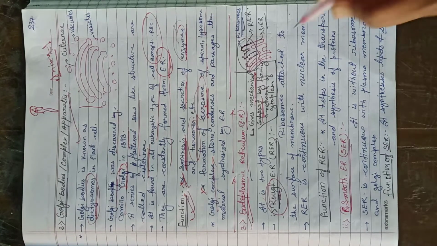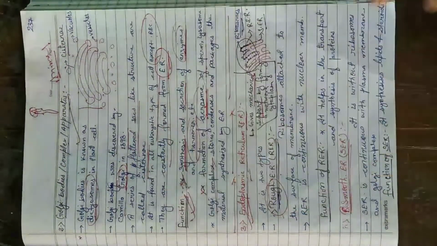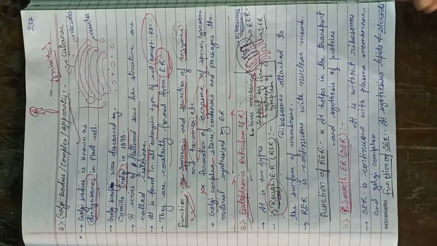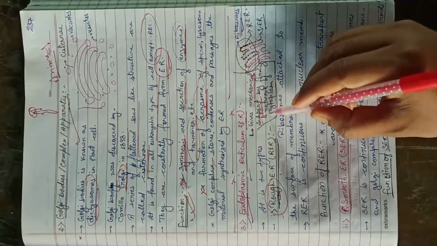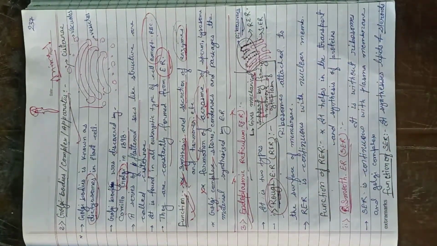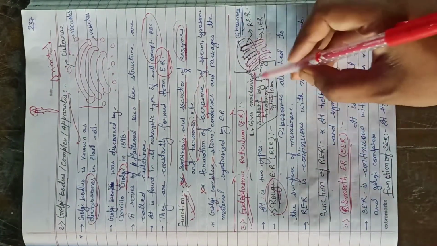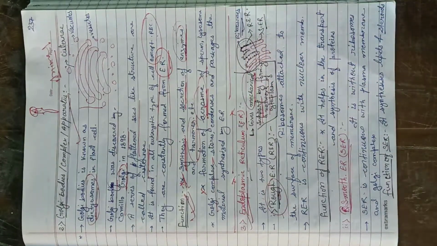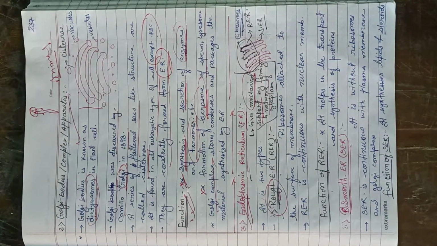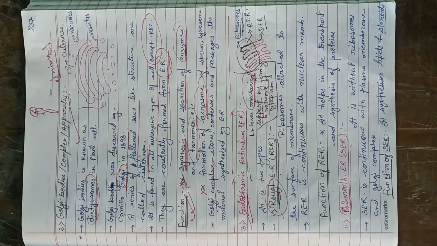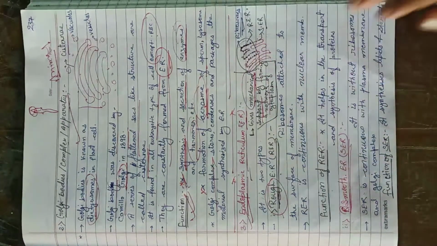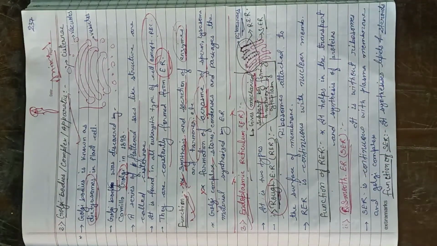Because it forms a network surrounding the nucleus and spreading through the cytoplasm. It helps in supporting the cell. That's why it gives mechanical support to the cell by forming an endoplasmic reticulum network. Is it clear?